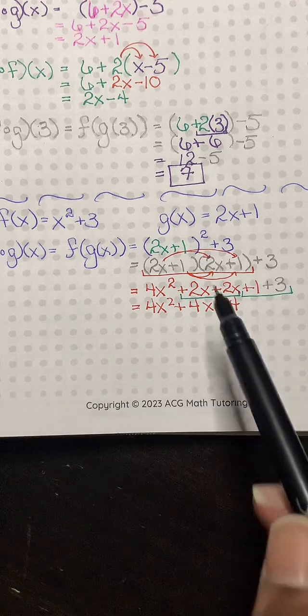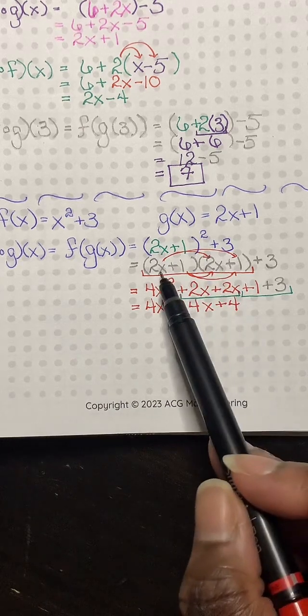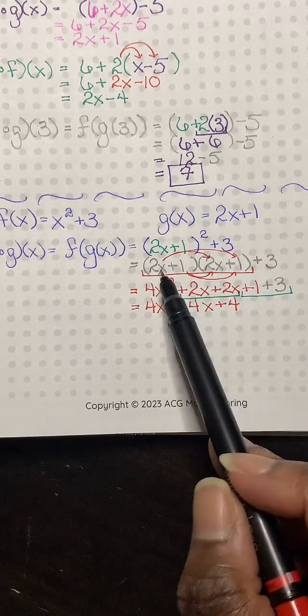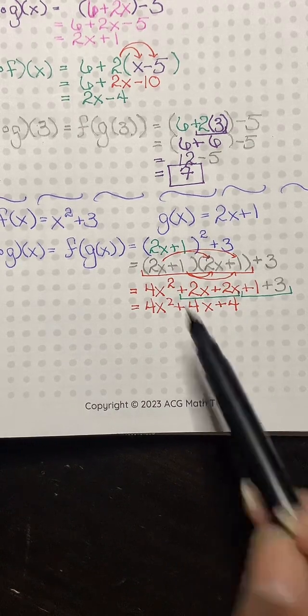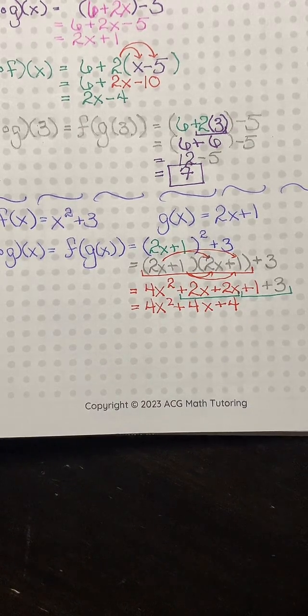The only time I had to worry about it is when I multiply x times x. When you multiply, you add the exponents. Okay, not a problem. All right. So, that takes care of your f of g, right?